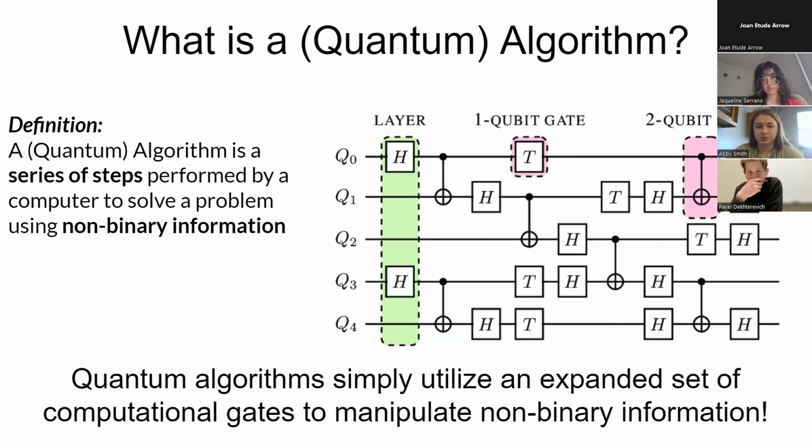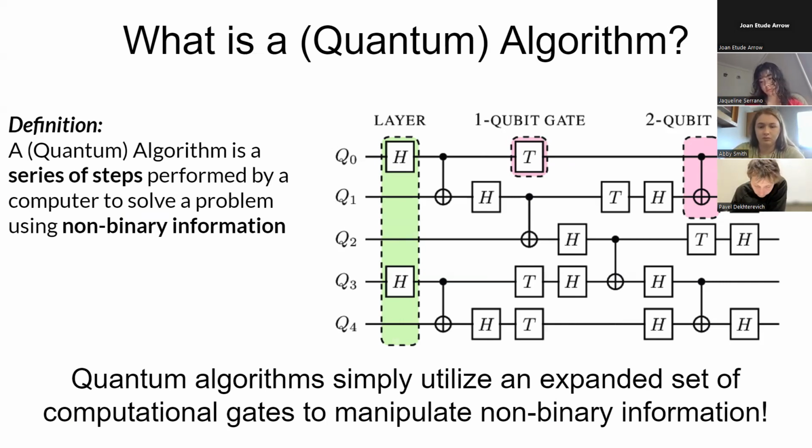We will get there. H is called the Hadamard gate. And what H does is it takes a bit that's either a 0 or a 1, and it creates a new type of information that's statistical. It creates an equal probability of 1 or 0 called a superposition. So H is the superposition gate.